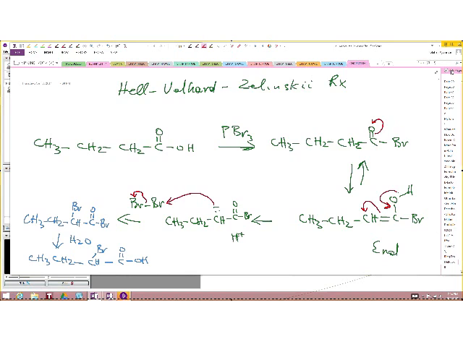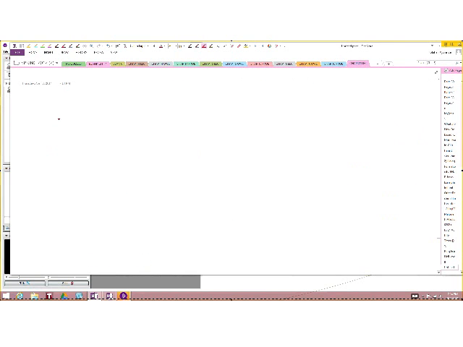So what do you normally do? Say we have this carboxylic acid here. Keep in mind, as long as you have a carboxylic acid with alpha hydrogen, this reaction will occur. We have alpha hydrogen here.